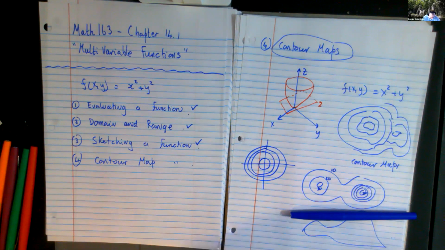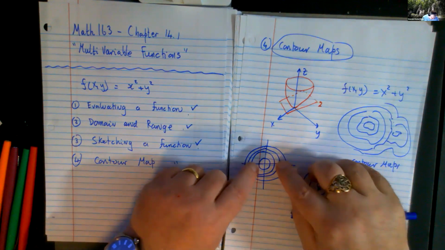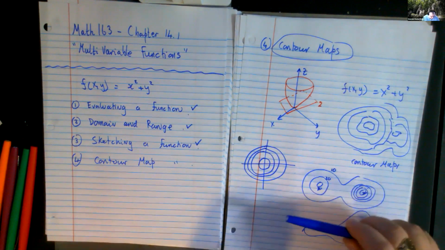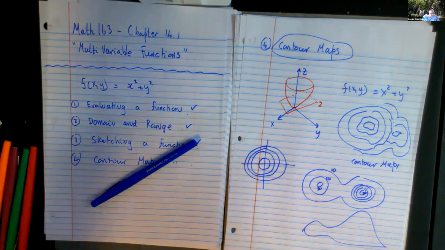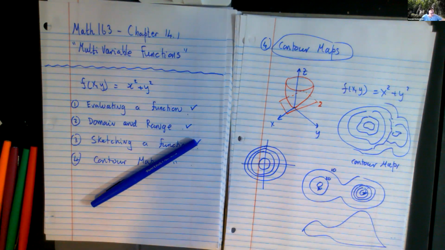Now, as you slice it at the 2 feet mark, the 4 feet mark, the 6, the 8, and the 10, do you notice that the gaps between the circles, I know I've drawn them really badly, are quite big at the start and then they get closer at the end?